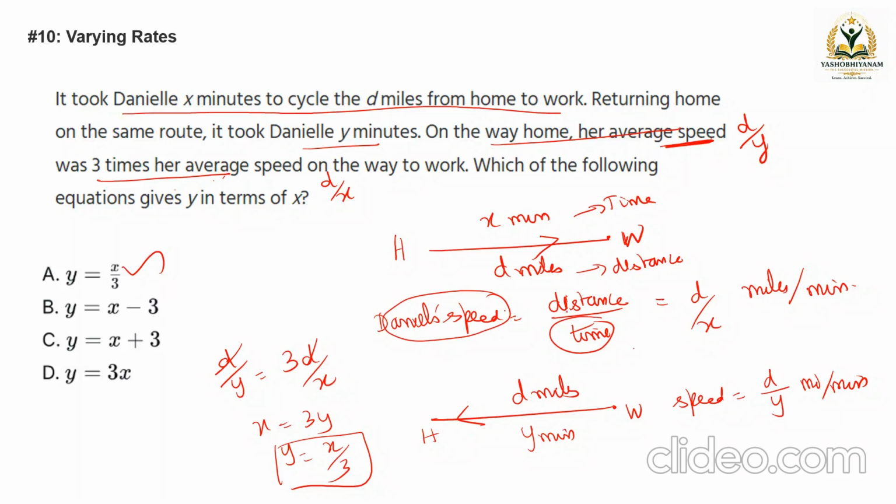Speed is inversely proportional to time. As speed increases, time decreases, assuming the distance is a constant. Of course, distance is a constant in this case. Therefore, Daniel's speed is increased thrice, hence his time would be reduced by 1/3. Clear? It's multiplied by 3 times, so it is 1/3 the original time.